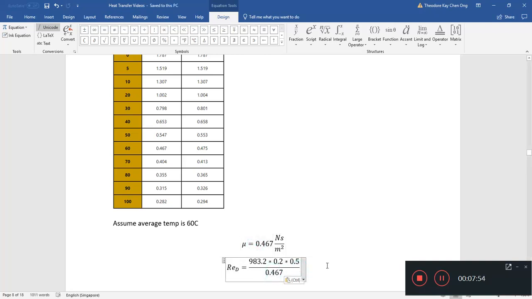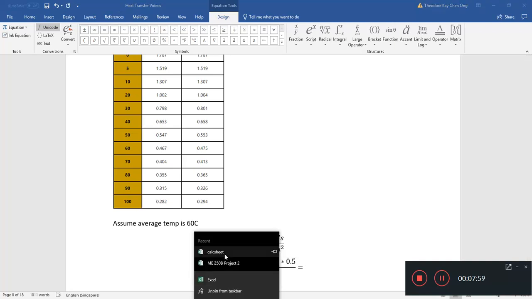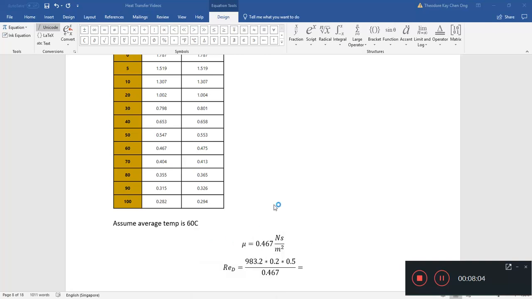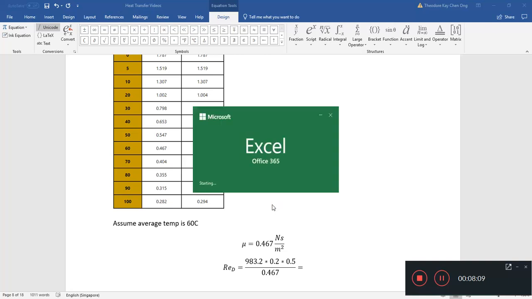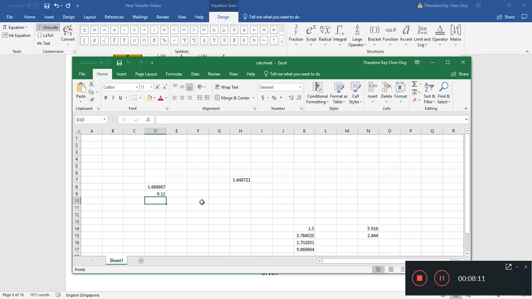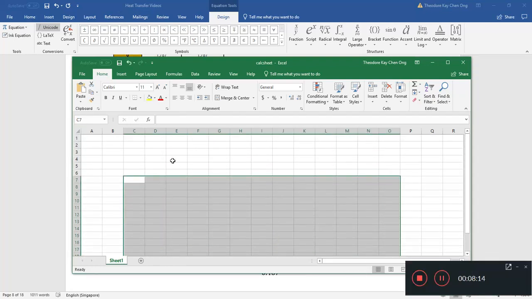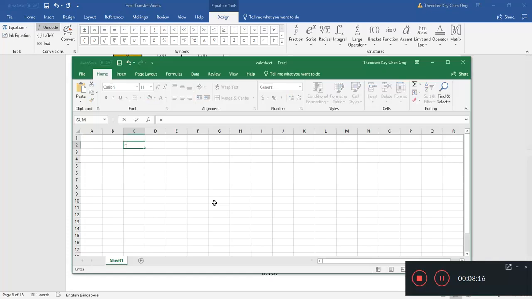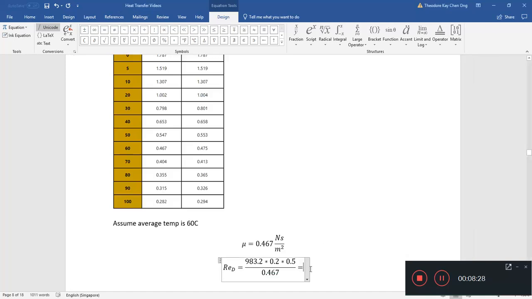Let's see whether this is turbulent or laminar flow. Just going to bring out the calculator in Excel. So 983.2 times 0.2 times 0.5 divided by 0.467. Let's go.